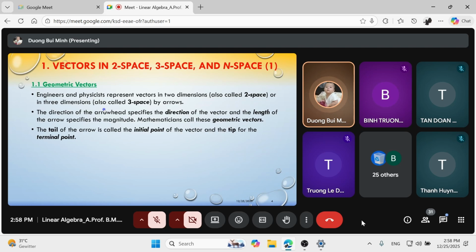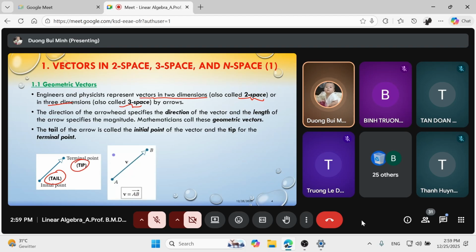So, geometric vectors. Engineers and physicists represent vectors in 2 dimensions, we say 2 space, or 3 dimensions, we say 3 space. We have the tail of the vector and the tip of the vector.